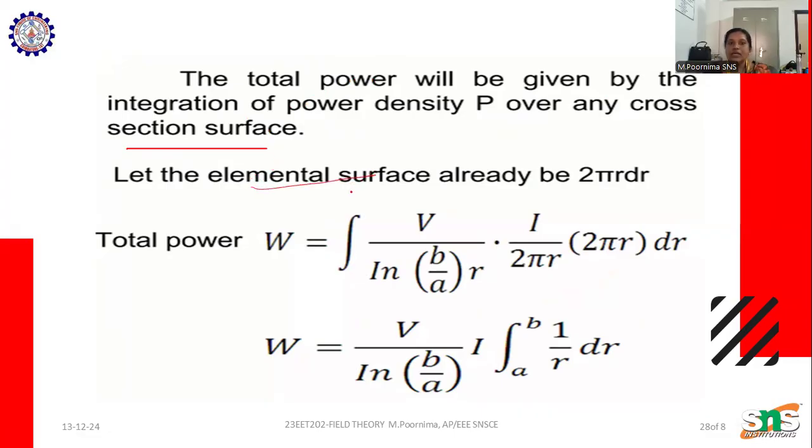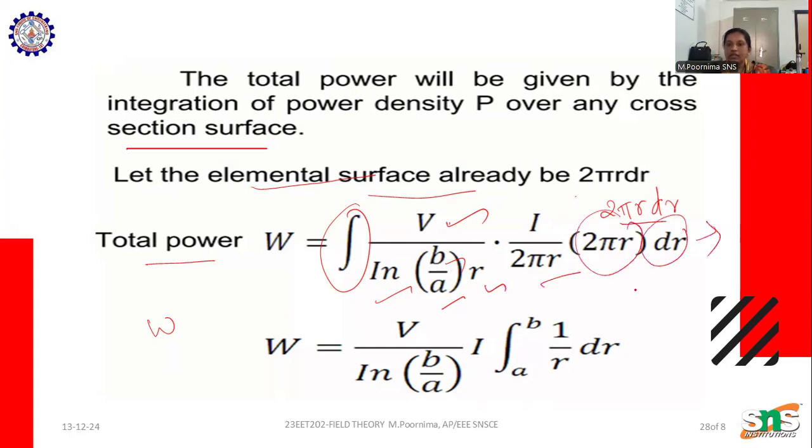Let the elemental surface be 2 pi r dr. The total power W equals the integral of V divided by ln of B by A into r, times I divided by 2 pi r, times 2 pi r dr. Taking r from A to B, and taking the common terms outside, we get the integral of 1 by r into dr.